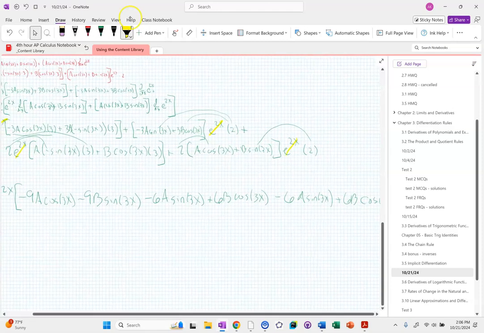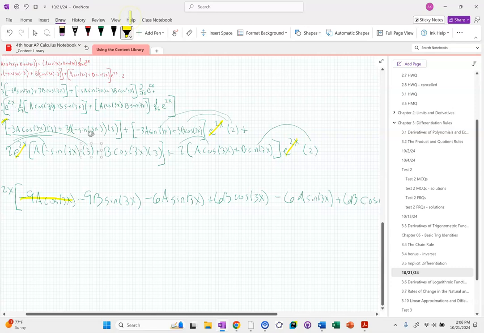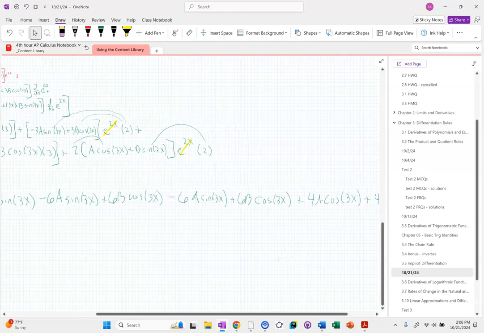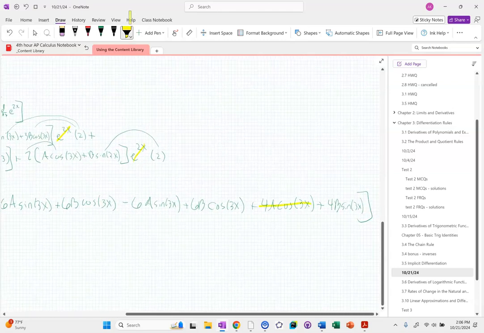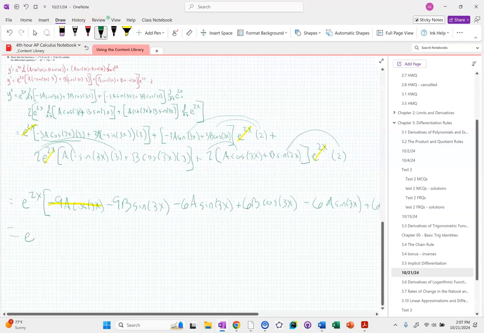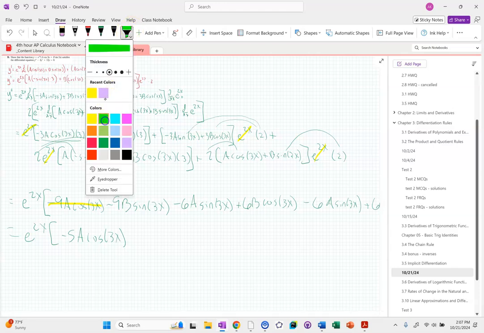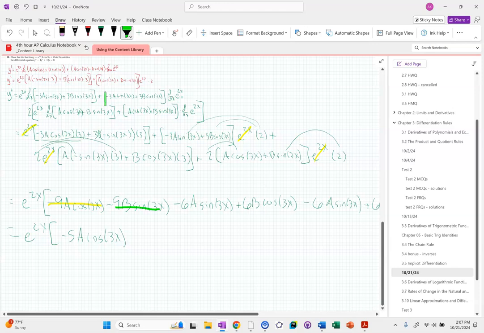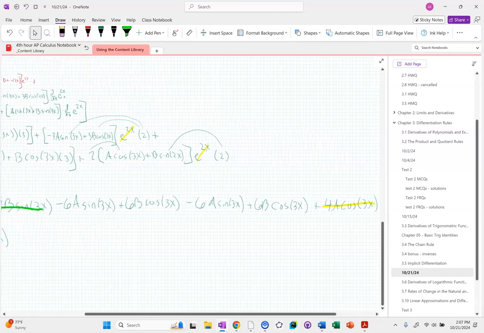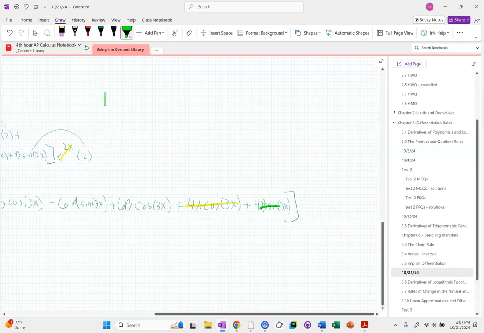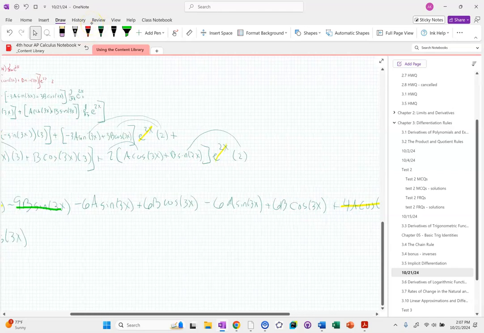And then let's see here. So we have negative 9a and then cosines, and then I have positive 4a cosine, so that's going to make negative 5. We have a negative 9b sine, and then there's a 4b sine.